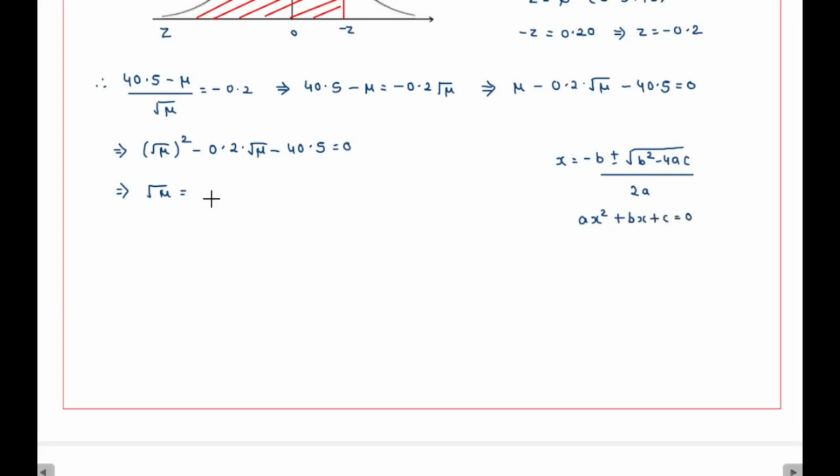So let's try to put that particular value here. So what I'll get? I'll get this as minus of minus 0.2 plus or minus, inside the square root, now I will have to put the values. So inside the square root, what I'll get? I'll get this as (minus 0.2) whole square minus of 4 times a, which is 1 here, into c. What is c here? c is minus 40.5.